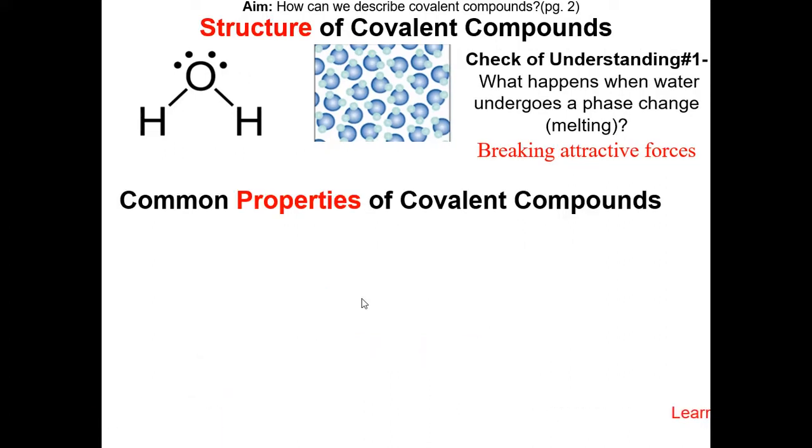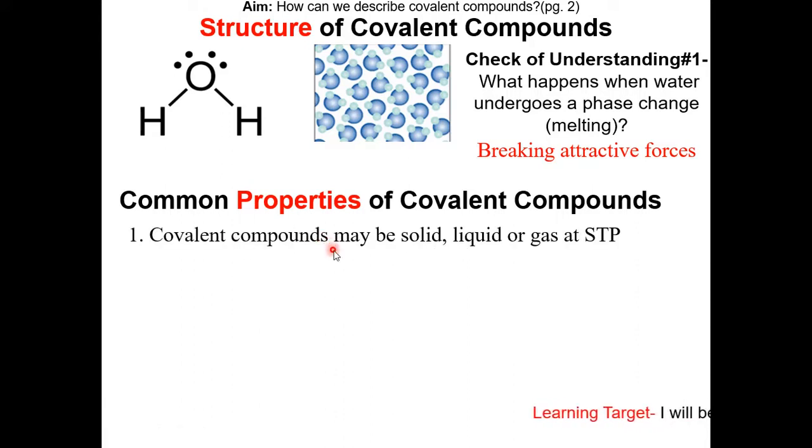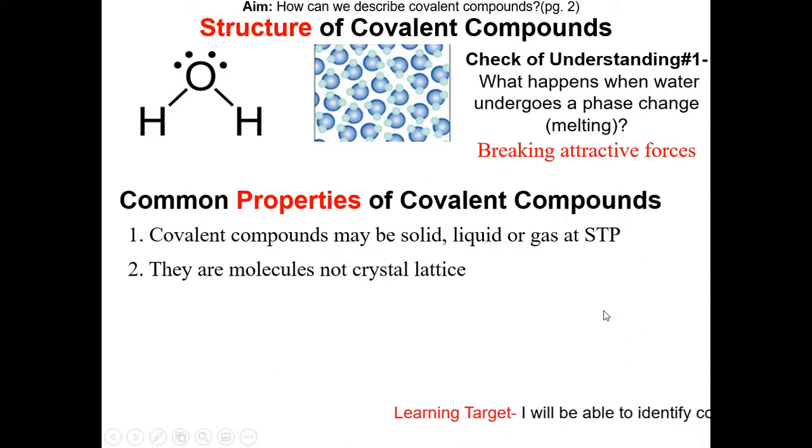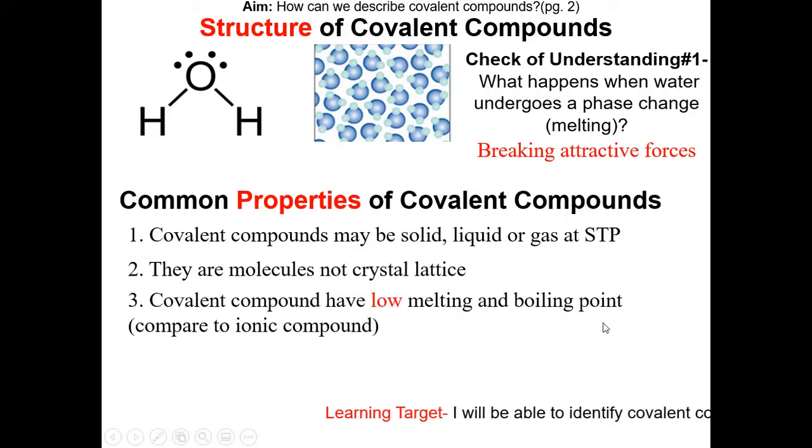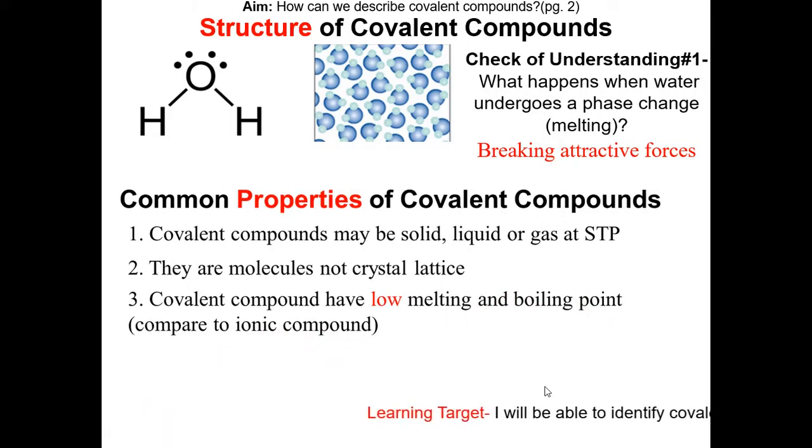So now we can discuss the common properties of covalent compounds. Covalent compounds may be solid, liquid, or gas at STP. They are molecules, not crystal lattice. Covalent compounds have low melting or boiling points compared to ionic compounds. Why is that?